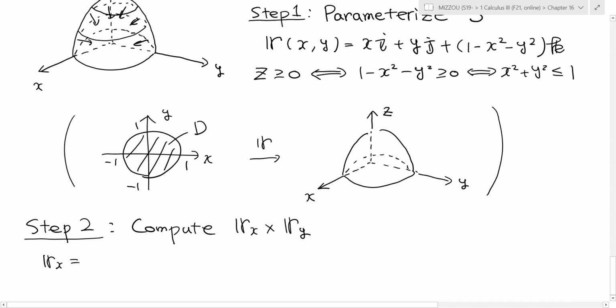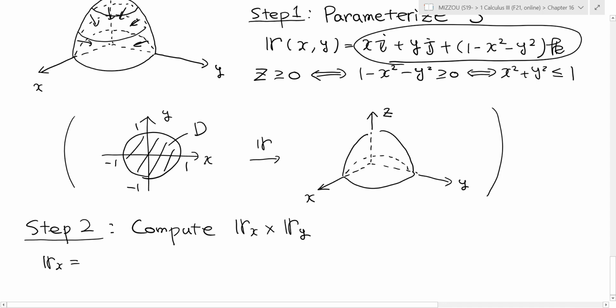You differentiate this with respect to x, you get 1i, plus 0j, plus, if you differentiate the last term, negative 2x k. And similarly, if you compute r_y, you get 0i plus j minus 2y k.